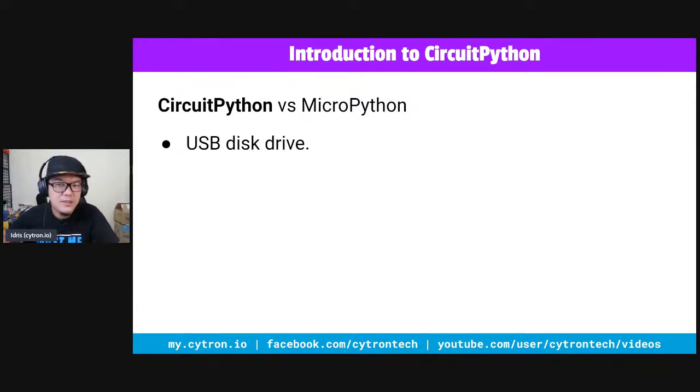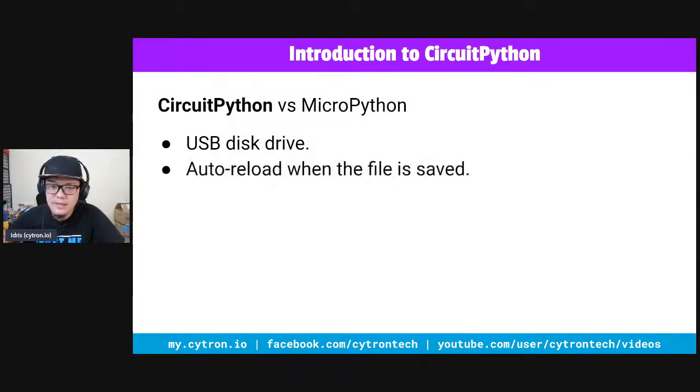Okay, all files are listed there and you can easily manage them, like rename, delete, or move to a folder. MicroPython is not like this. And then second, it will auto reload when the file is saved. This one maybe later I will show in the demo, quite easy.